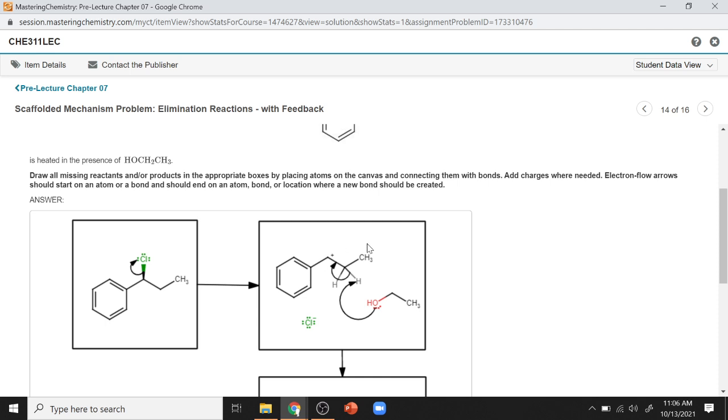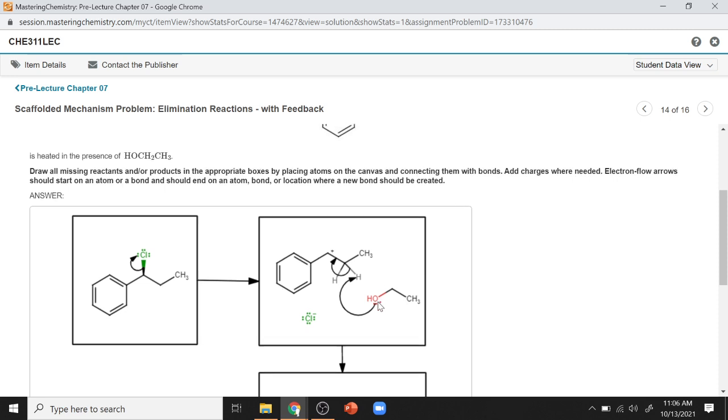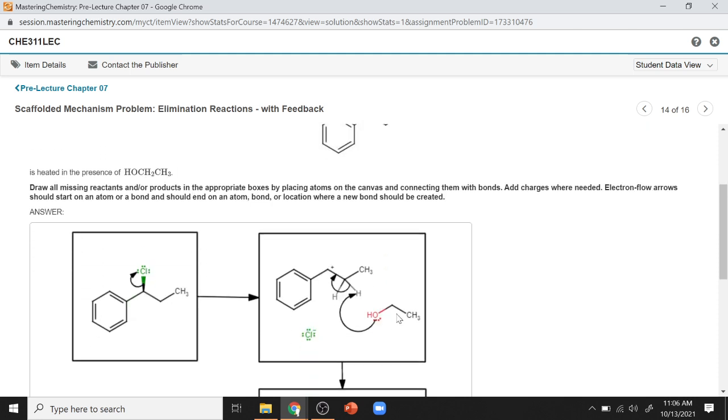Yeah, so these are the most likely, right? Could you get rearrangements? Yes, you could actually get rearrangements, but they're not super likely in this case. Anyways, it just wanted a direct E2 or E1 mechanism is what it was really looking for. So we're going to have the oxygen here.